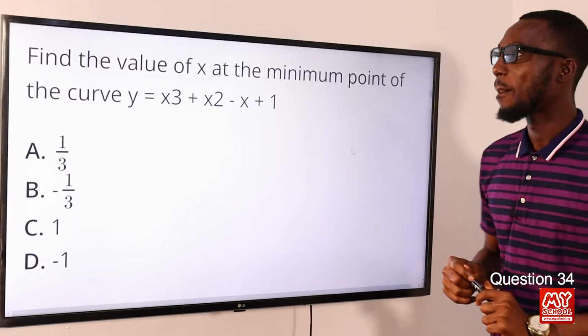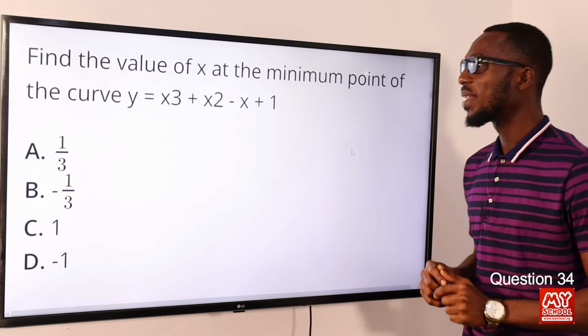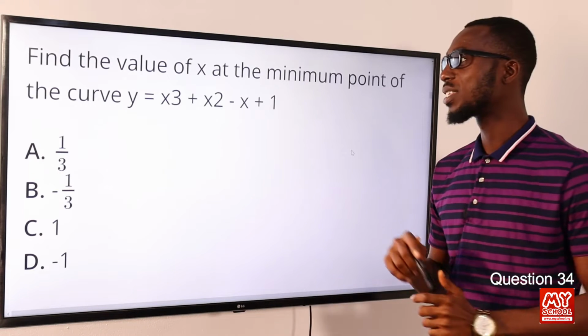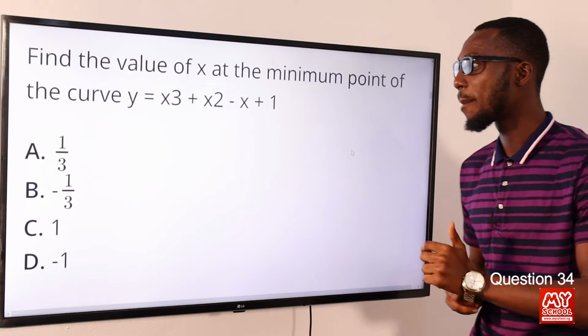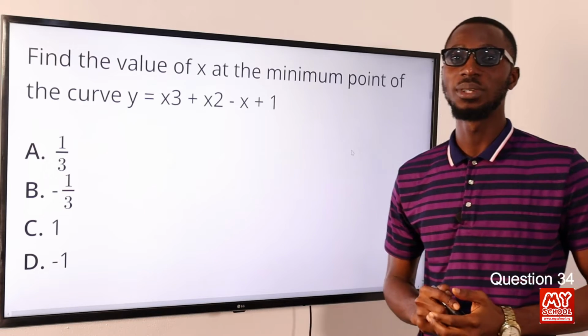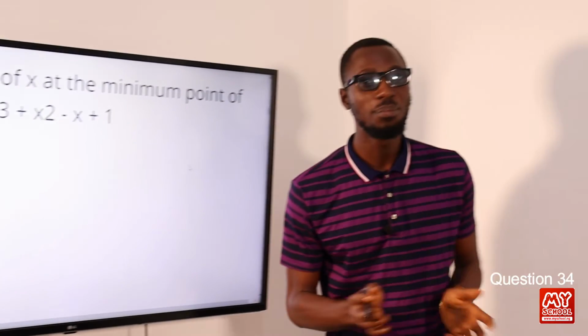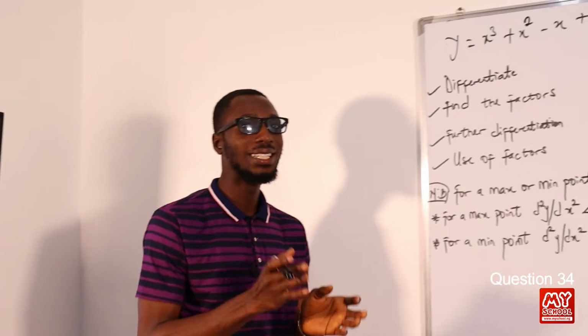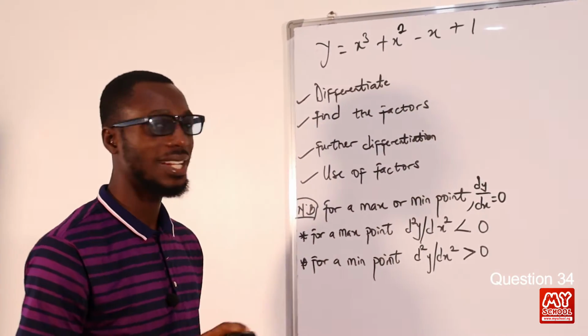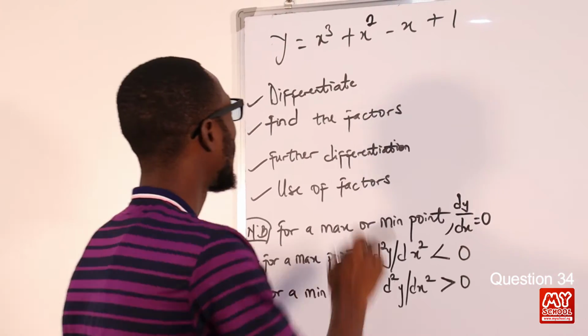Question 34. Find the value of x at the minimum point of the curve y equals x cubed plus x squared minus x plus 1. I've highlighted some simple steps we have to follow and we are going to get our answer. At first we have to differentiate.